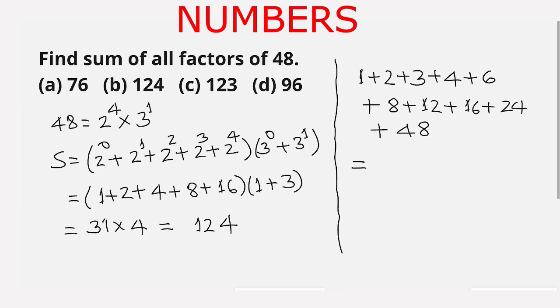And if we add all these, 1 plus 2 is 3, 3 plus 3 is 6, 6 plus 4 is 10, 10 plus 6 is 16, 16 plus 8 is 24, 24 plus 12 is 36, 36 plus 16 is 52, 52 plus 24 is 76, 76 plus 48 is 124. This way we have verified the sum of all the factors of 48.